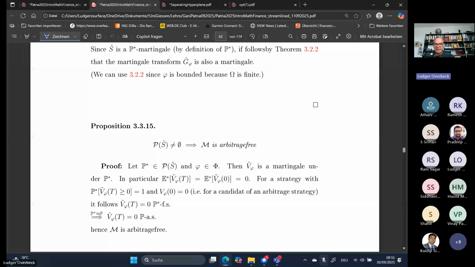So now we put the fundamental theorem: arbitrage-free is equivalent to existence of a martingale measure. Now we assume there is a P star such that S tilde is a P star martingale. Then the market M is arbitrage-free.